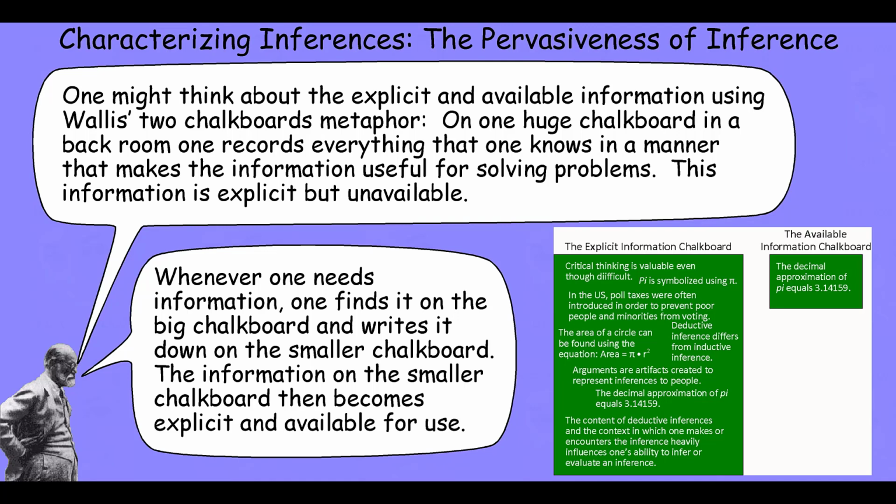So by representing pi using the Greek letter, I can represent it as a constant so that I can express or utilize relationships between, for instance, area and radius in circles. However, that constant representation doesn't make the value of pi explicit.